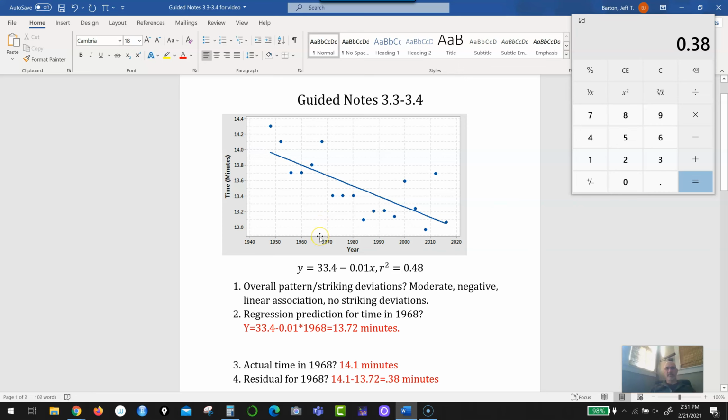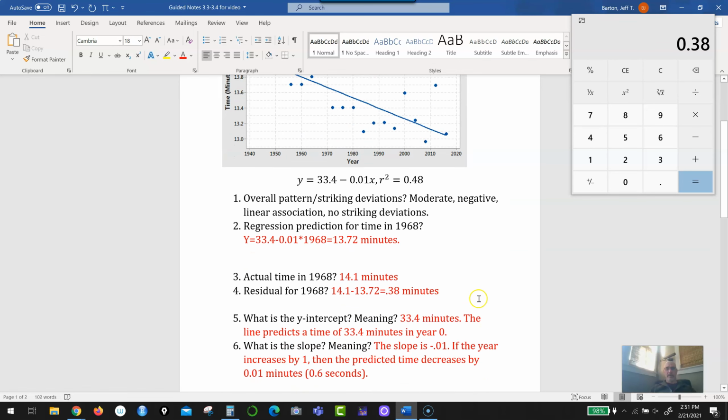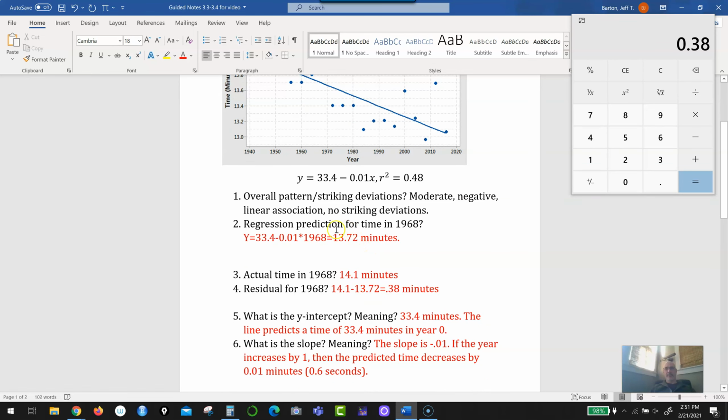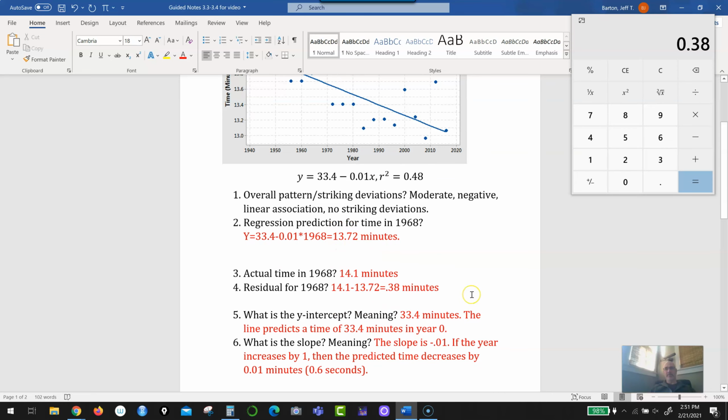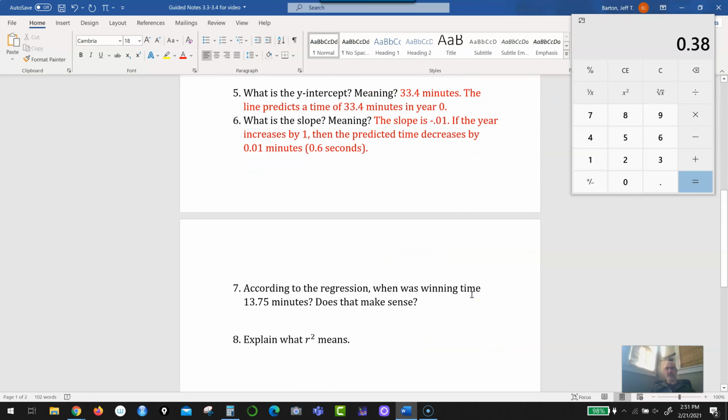That's about 1968 or so. Notice that when we found the prediction for 1968, it was 13.72 minutes, so that's awfully close. But we can actually solve by plugging in 13.75 into the y for our regression, and then we solve for x.